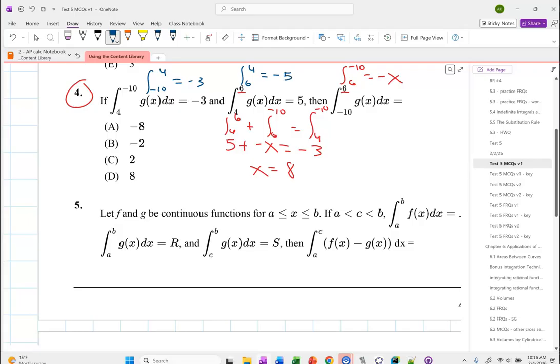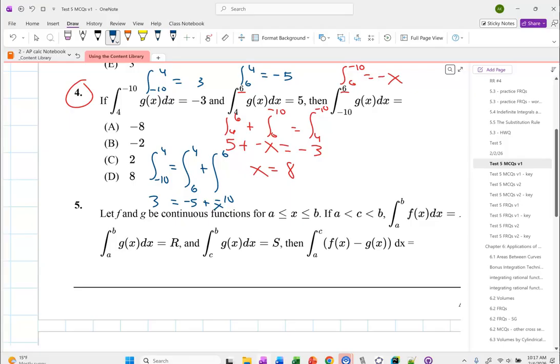And then you could hook these together as, oops, that should be positive 3. So I'd have 3 equals negative 5 plus x.